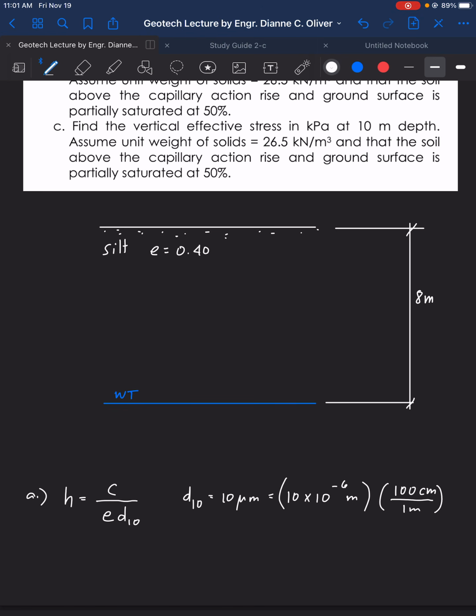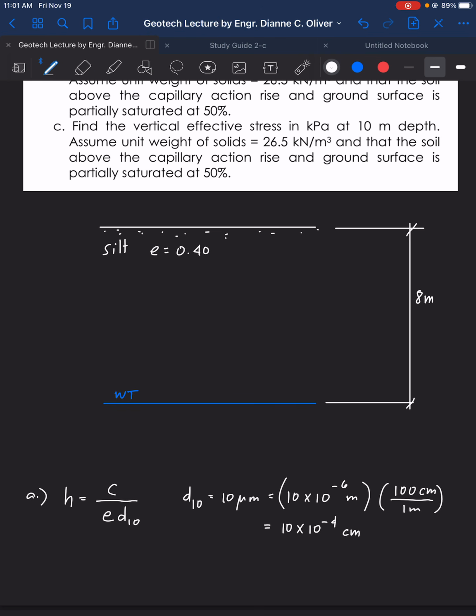So we have there D sub 10 is equal to 10 times 10 raised to negative 4 centimeter.